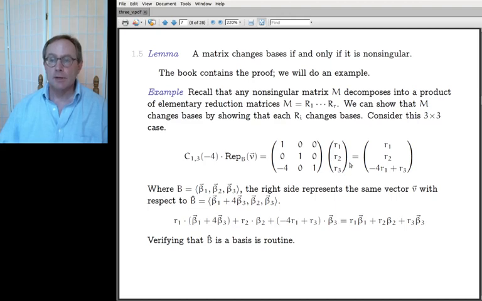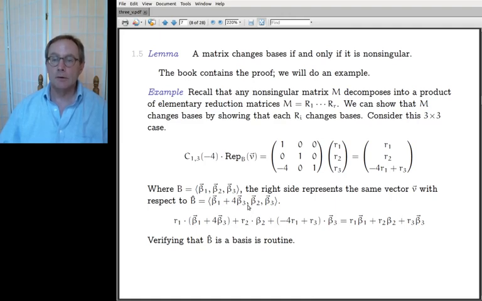If this is the representation with respect to capital B, then the right side is the representation with respect to this B hat. So if this represents a vector v with respect to capital B, then this represents the vector v with respect to this B hat, because look, R1 times beta 1 plus 4 beta 3, that's the first thing here.